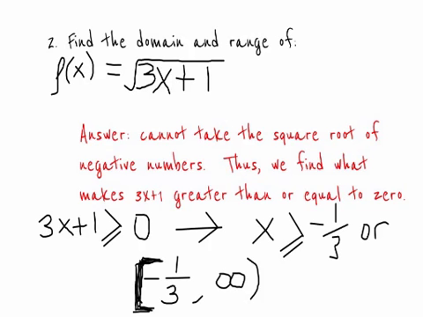If we solve that inequality, we find that x must be greater than or equal to negative 1/3. If we want to write that in interval notation, that's a bracket, and a bracket means including negative 1/3. So bracket, the interval from negative 1/3, comma, to infinity. So the interval from negative 1/3 to infinity is our domain of that function.